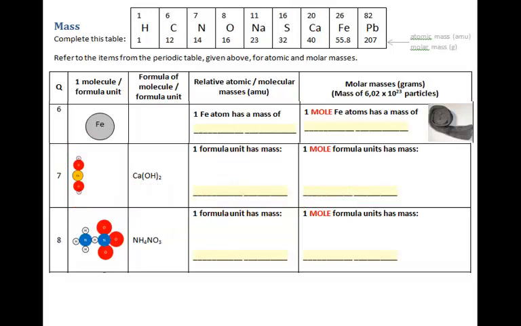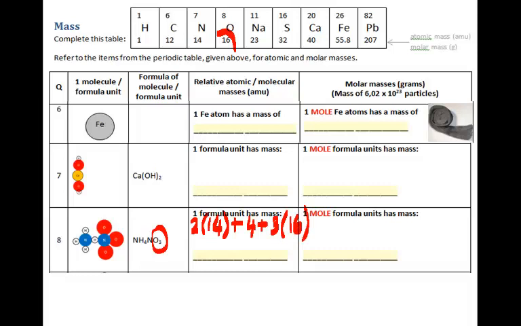Ammonium nitrate. One formula unit has 2 N's in it, each having a mass of 14 atomic mass units. So that's the N's taken care of. And then there are 4 H's, each having a mass of 1 atomic mass unit, and 3 O's, each having a mass of 16 atomic mass units. 2 times 14 is 28.